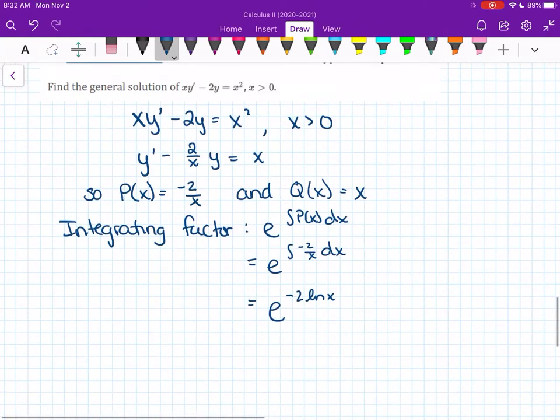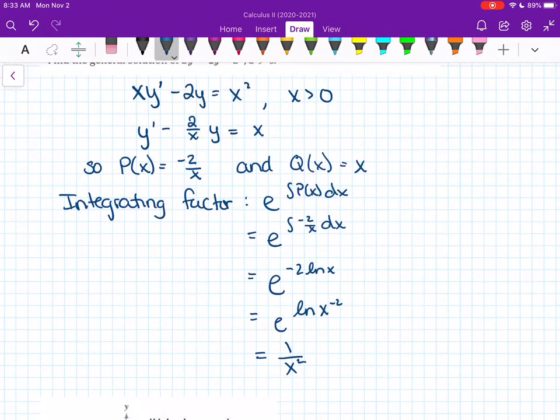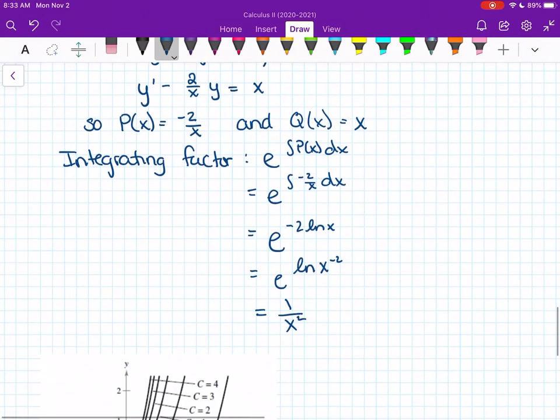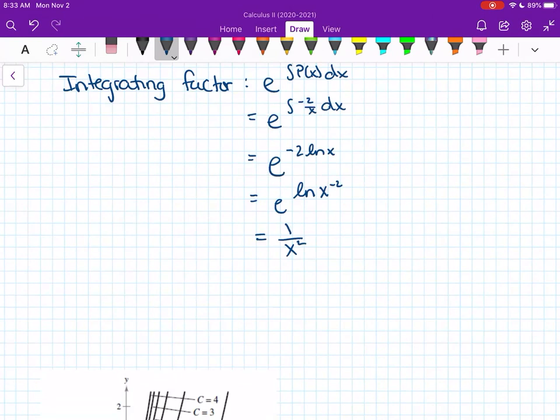And x is greater than 0, so I don't need the absolute value. And I'm going to go ahead and take that negative 2 on the inside, so I get the natural log of x to the negative 2. The e and the natural log will cancel, so I'm just going to get x to the negative 2, or 1 over x squared is my integrating factor. So then I'm going to go ahead and go through and multiply both sides of my standard form by 1 over x squared.